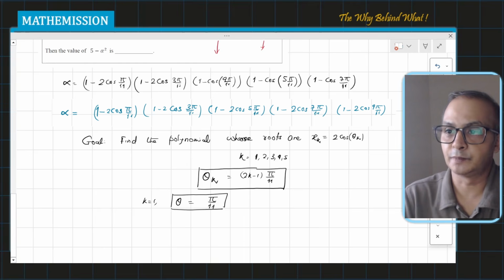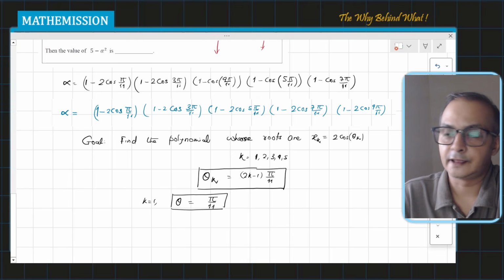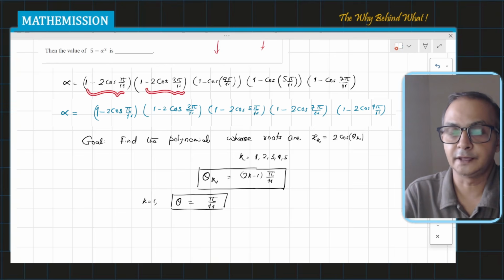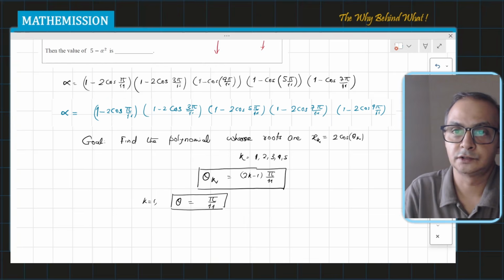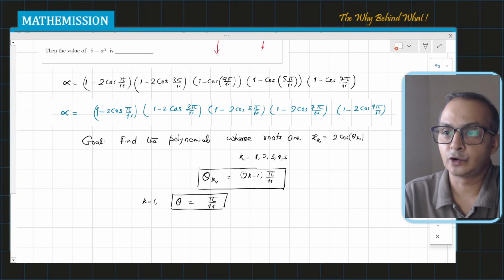Now we'll try to build up. Notice this one thing: if I want to find the polynomial whose factors are these terms, it means our roots are going to be 2 cos pi by 11, 2 cos 3 pi by 11 and so on. So how do we start?